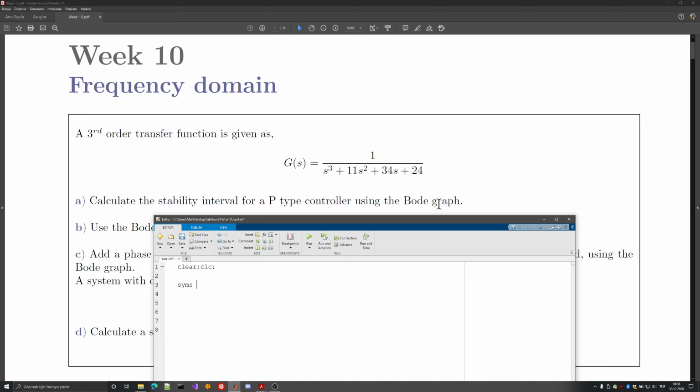Now, we are going to use the Symbolic Toolbox for a minute. Let's define our system. We have s cubed plus 11 times s squared plus 34 times s plus 24. And let me just right away define the transfer function version of this, over 1.